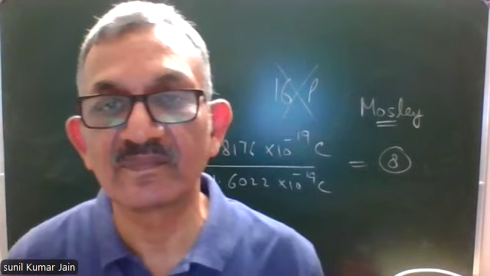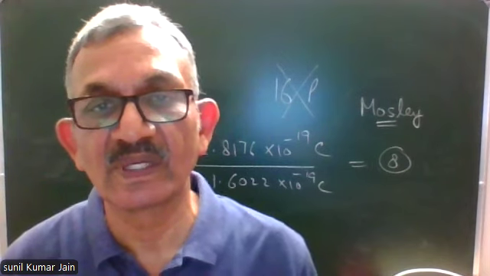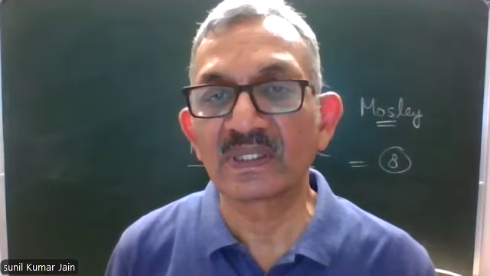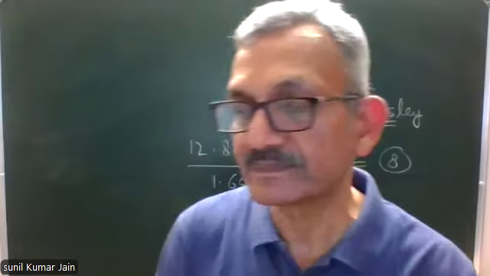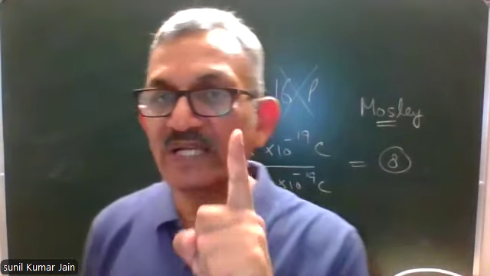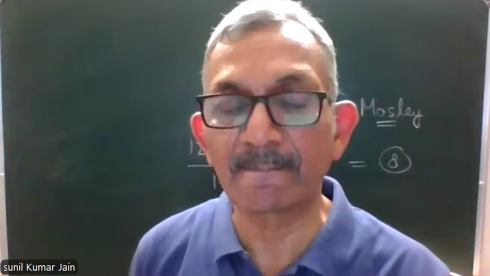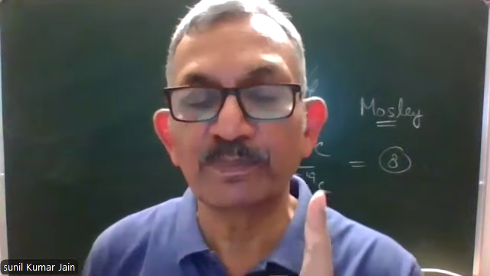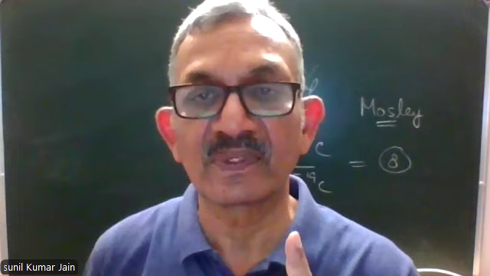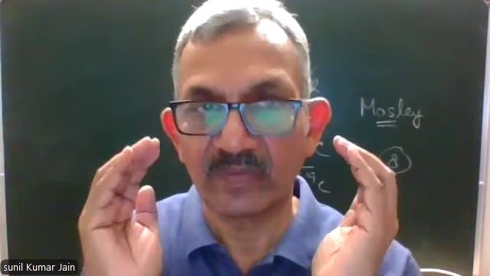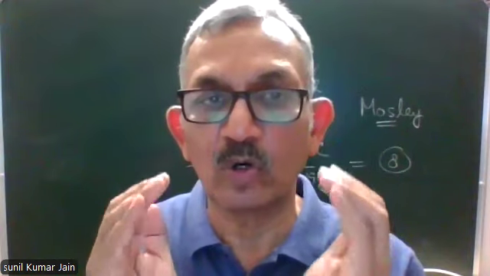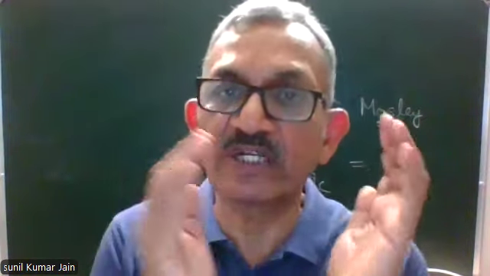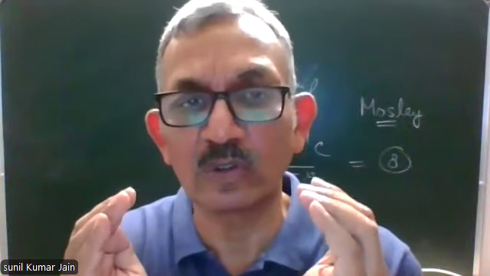From this, it was concluded that one oxygen atom contains 16 protons. Within brackets, write down, although wrong. 16 protons is not correct, but that was concluded at that time.